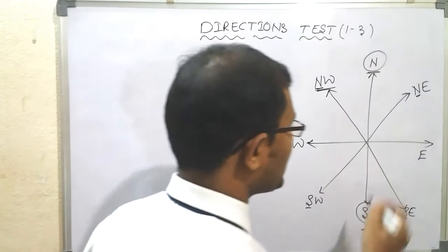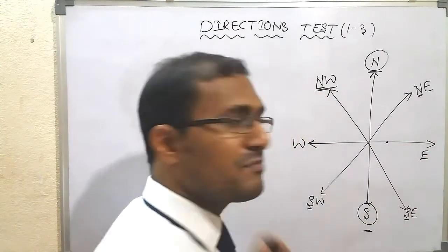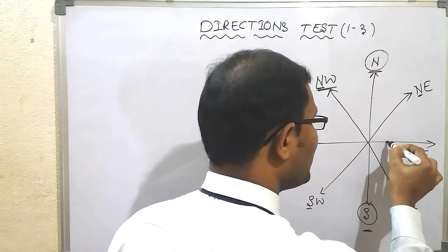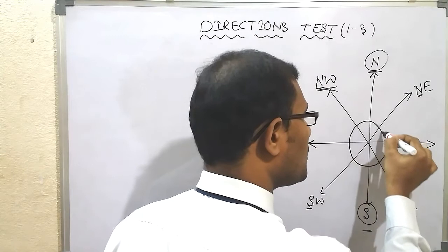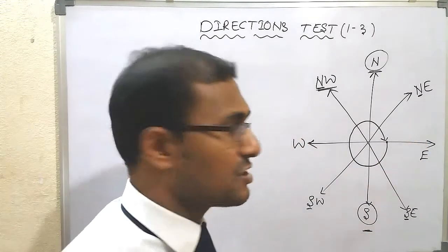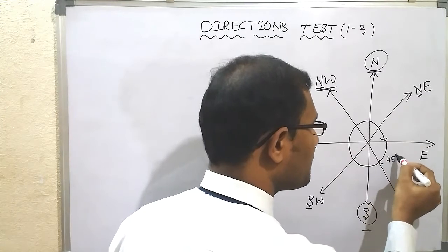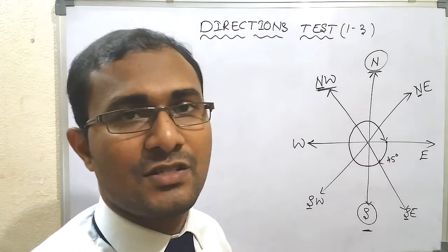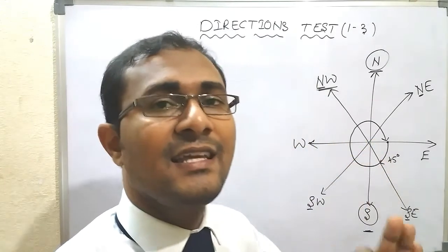Now for example, if you are moving from this point in the clockwise direction, from this point to this point can I say 45 degrees? Imagine that this line divides this quadrant into exactly half.